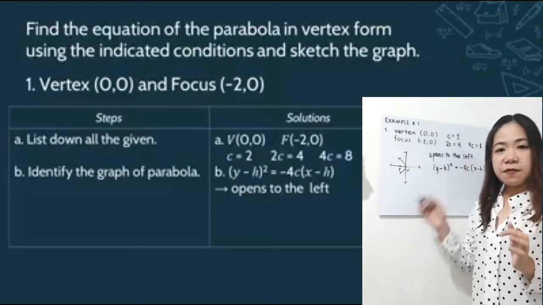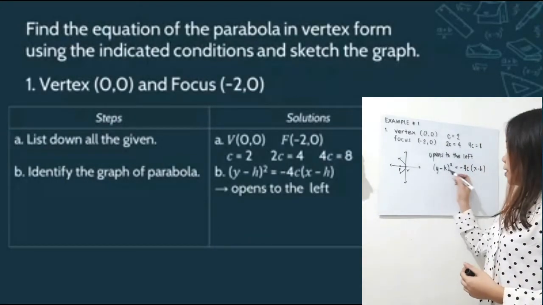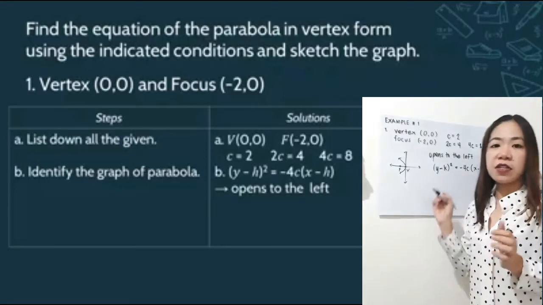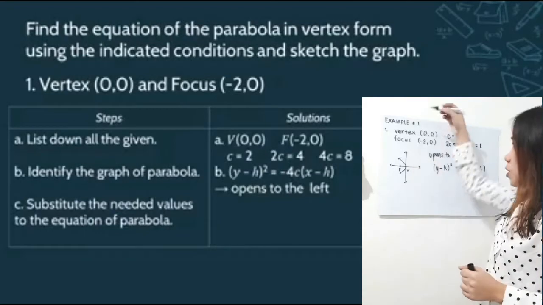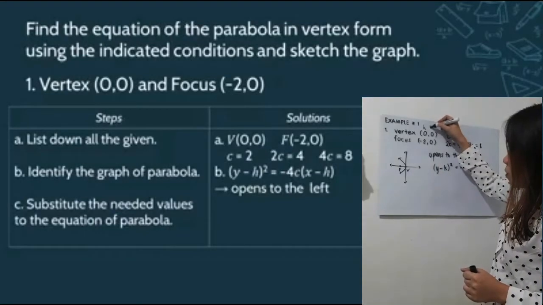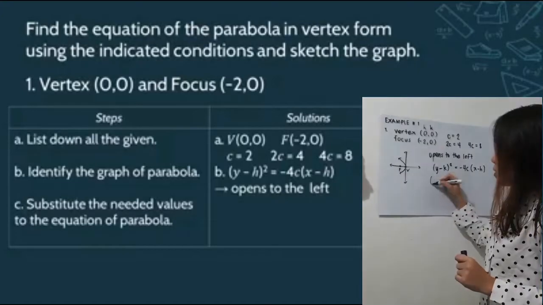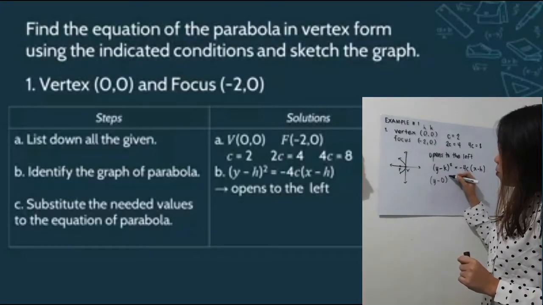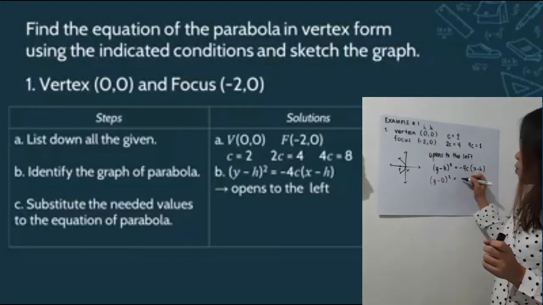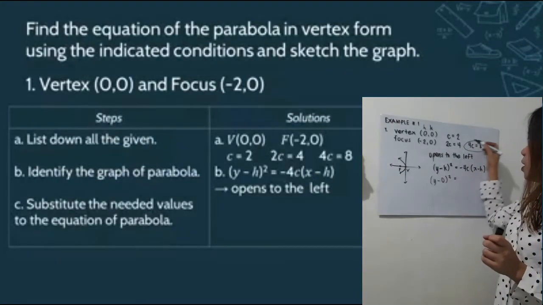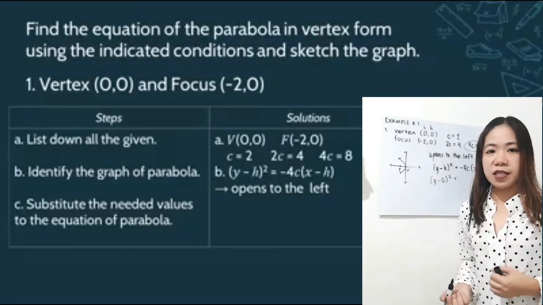Since we already have the equation, what we'll do is just substitute. So we know that h and k are actually the coordinates of the vertex. So we have h equals 0 and k equals 0. Let's substitute. We have the quantity of y minus 0 squared equals negative 4c. So we have 4c is equal to 8. But again, since it opens to the left, we take the negative.